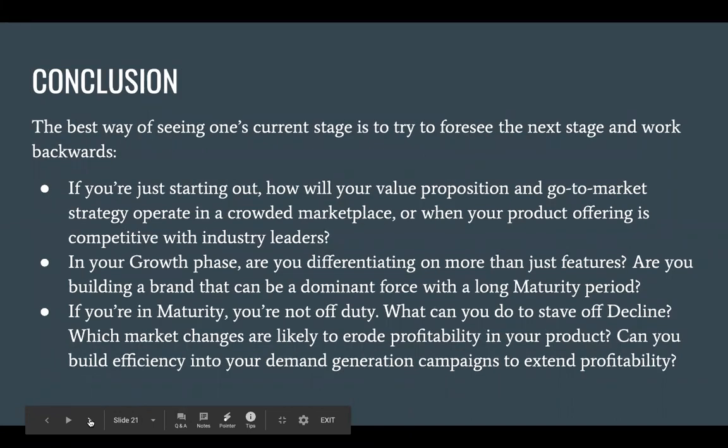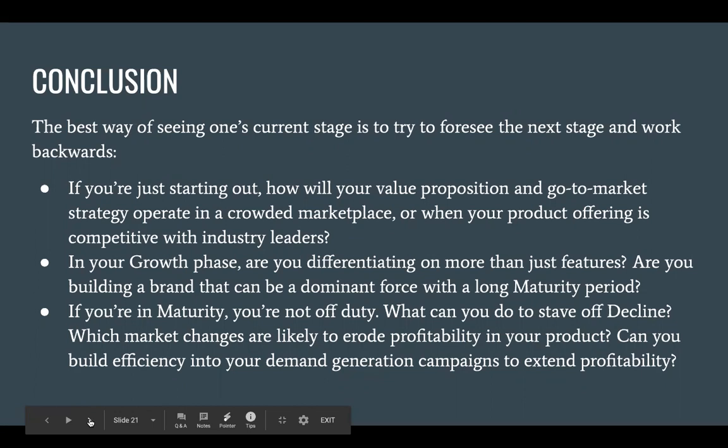So in conclusion, the best way of seeing one's current stage is to try and foresee the next stage and work backwards. If you're just starting out, how will your value proposition and go-to-market strategy operate in a crowded marketplace, or when your product offering is competitive with industry leaders? In your growth phase, are you differentiating on more than just features? Are you building a brand that can be a dominant force with a long maturity period?